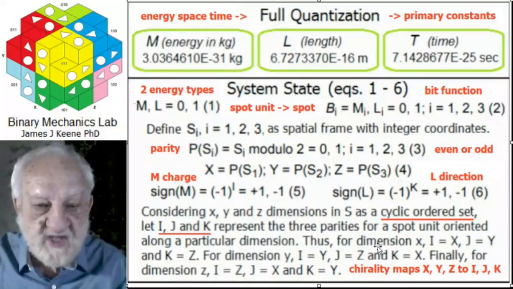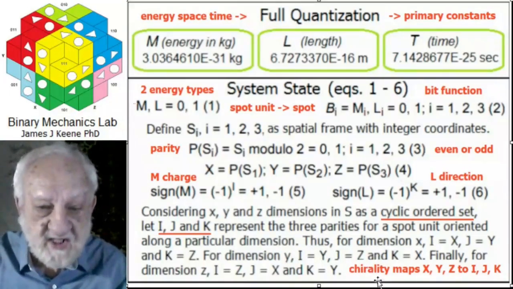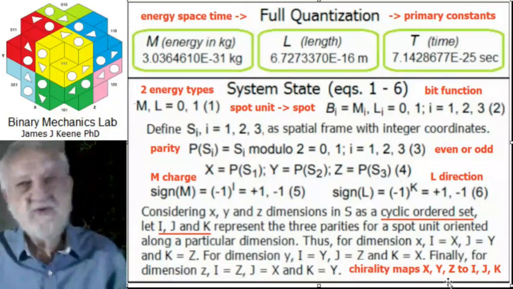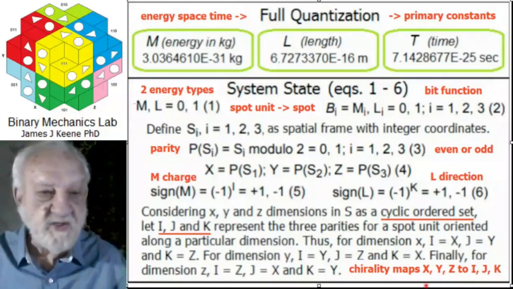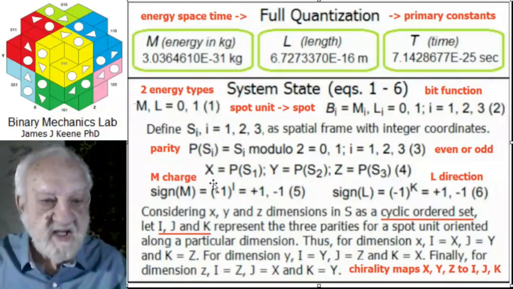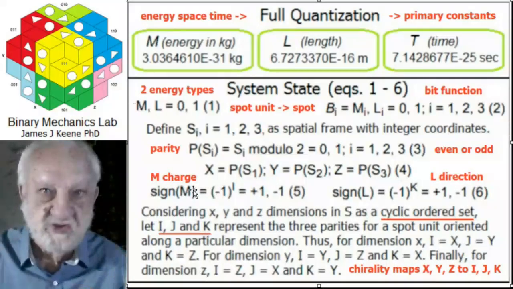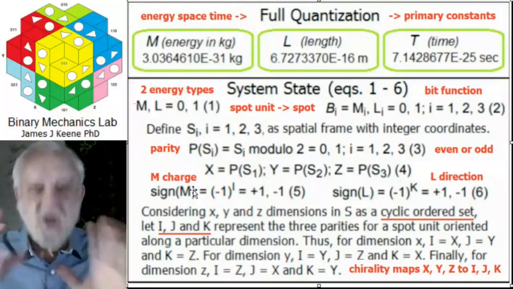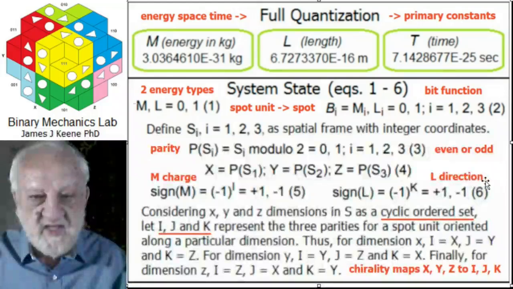And we have a set of equations here which describe this chirality and maps X, Y, and Z to I, J, and K. Using this information, we can then define the charge for an M loci, both its electric charge and its color charge, and the direction of the L loci.